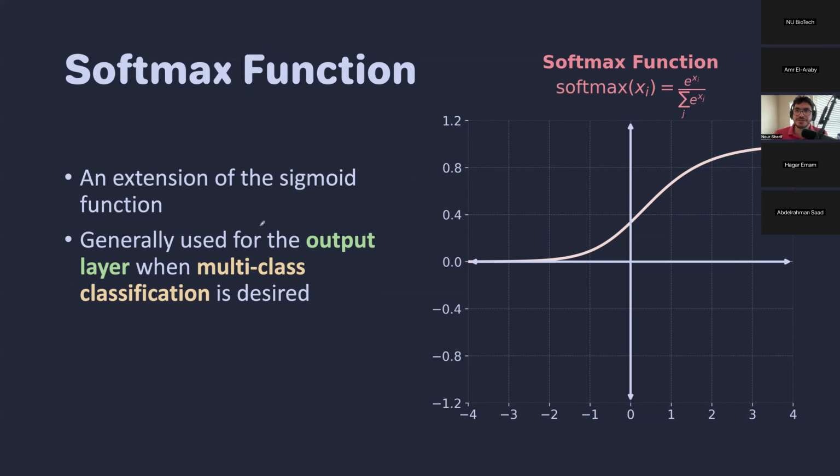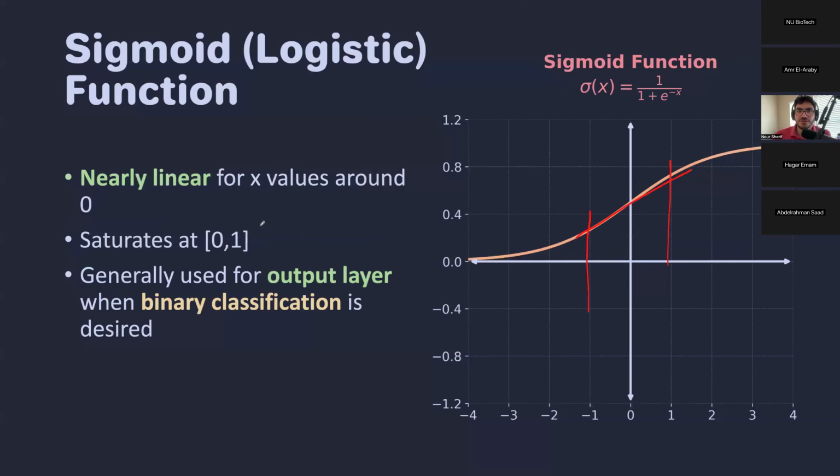So instead of having just a binary 1 and 0 classification, by the way, the sigmoid function only produces one output because this is essentially a probability. If you have a single output, the total of the outputs of the probability is 1. If you have an output that is 0.8, the second has to be 0.2 because they need to add up to 1 eventually.